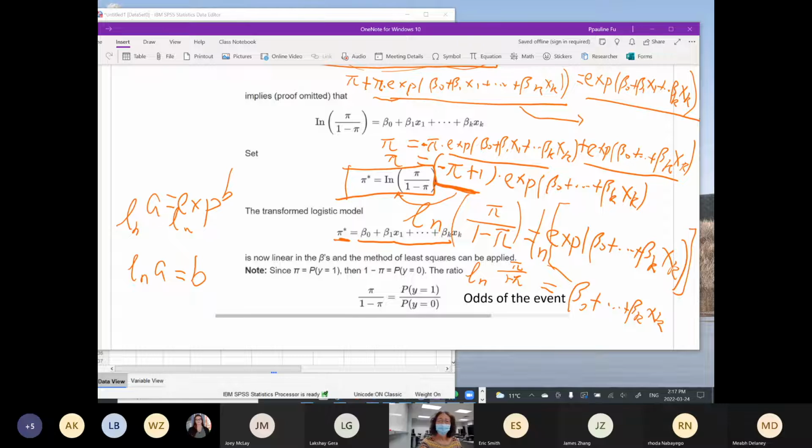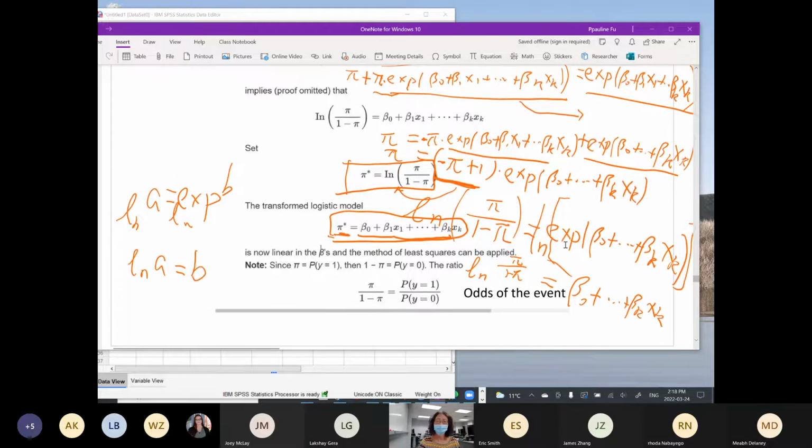It actually looks like linear regression here. Linear regression. So this is how I derived the logistic equation into linear regression.